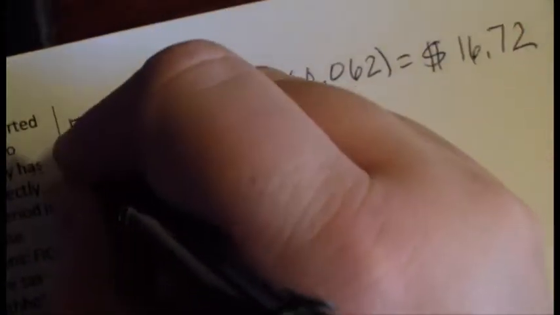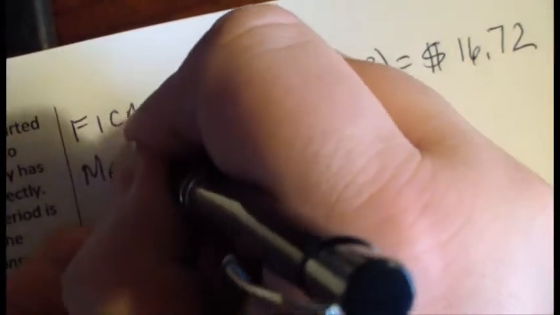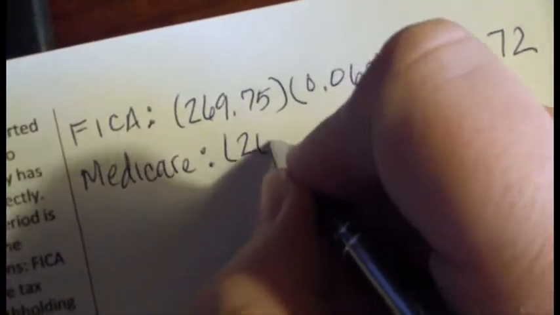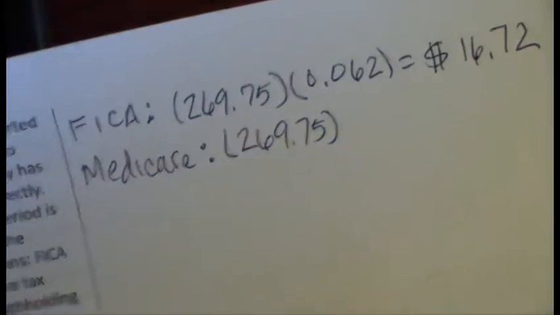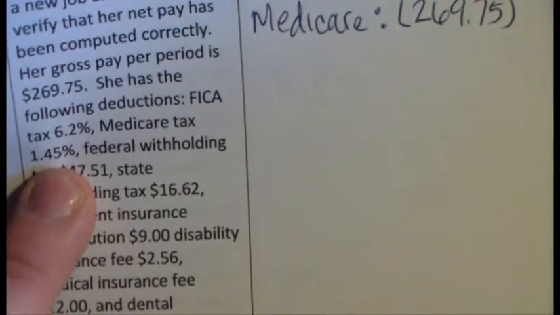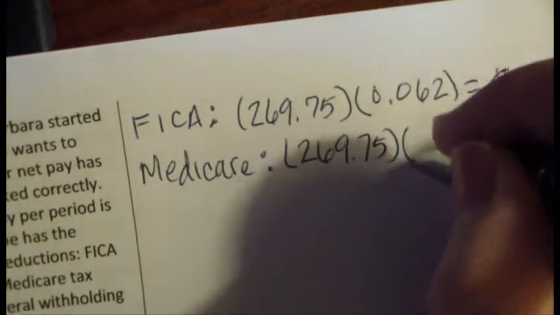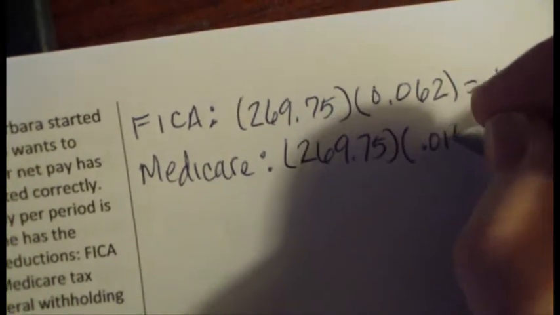We're going to do similar for Medicare. Tax, Medicare. We take her gross pay, $269.75. And this time our Medicare tax is 1.45%. So as a decimal, 0.0145.